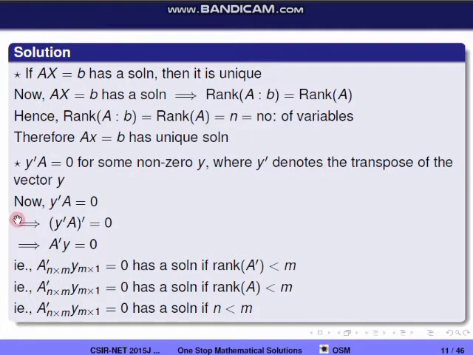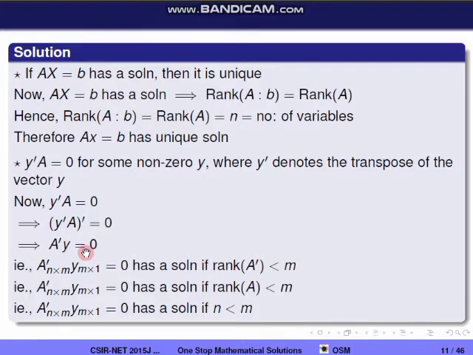The fourth option is y transpose A is equal to 0 for some non-zero y, where y transpose denotes the transpose of vector y. So now consider y transpose A equal to 0. Take transpose on both sides. So this is y transpose A whole transpose equal to 0, which implies A transpose y equal to 0 using the properties of transpose. So we know A is an M cross N matrix.